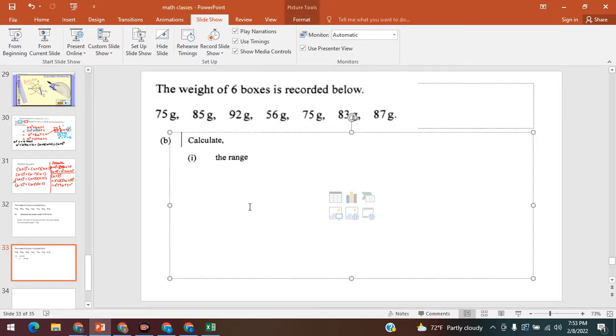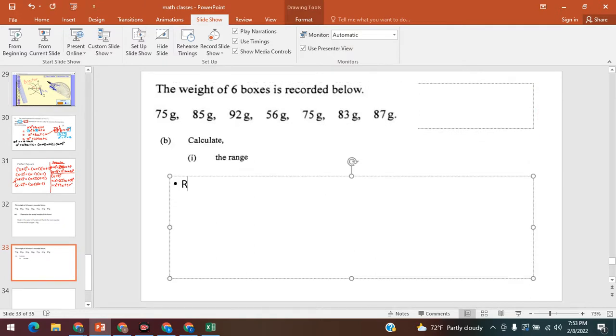So calculate the range. The range is going to be equal to the largest value minus the smallest value.